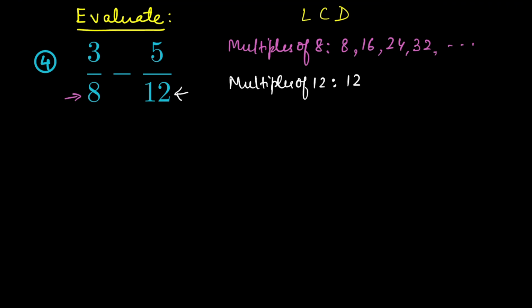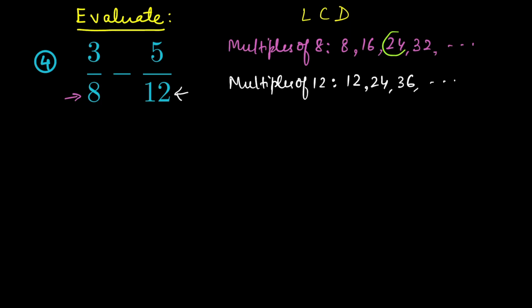12 times 1 is 12, 12 times 2 is 24, 12 times 3 is 36, and likewise. Now we see which is the least common one. 8, 8 is not there; 16, 16 is not there; 24, 24 is there. So this is the least common denominator we have.